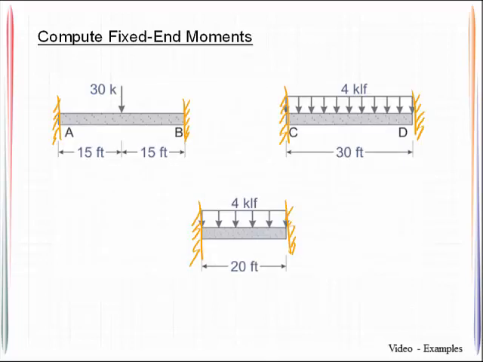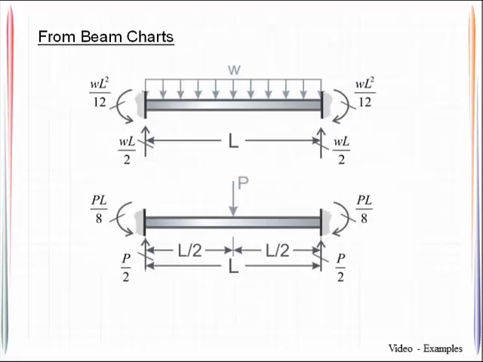Next order of business will be to compute the fixed end moments due to the various loading scenarios on each beam. The way we will get that is by looking at beam charts. We've got a fixed beam with a uniform load and a fixed beam with a point load in the middle.